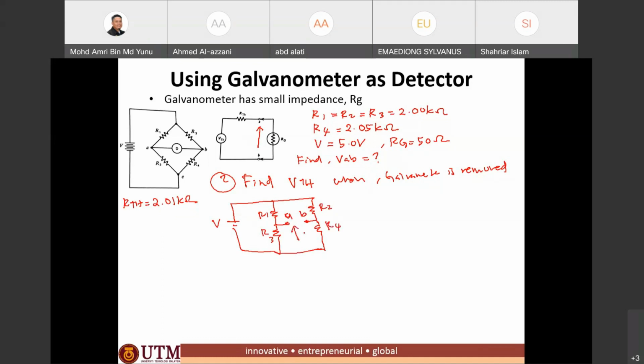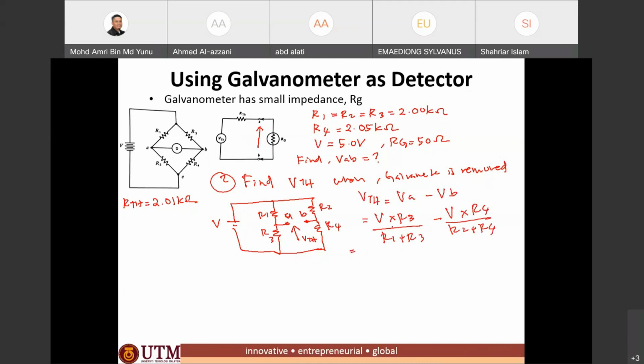So what is the VTH here? So we get the VTH is equal to VA minus VB, equals V multiplied with R3 over R1 plus R3, minus V multiplied with R4 over R2 plus R4.